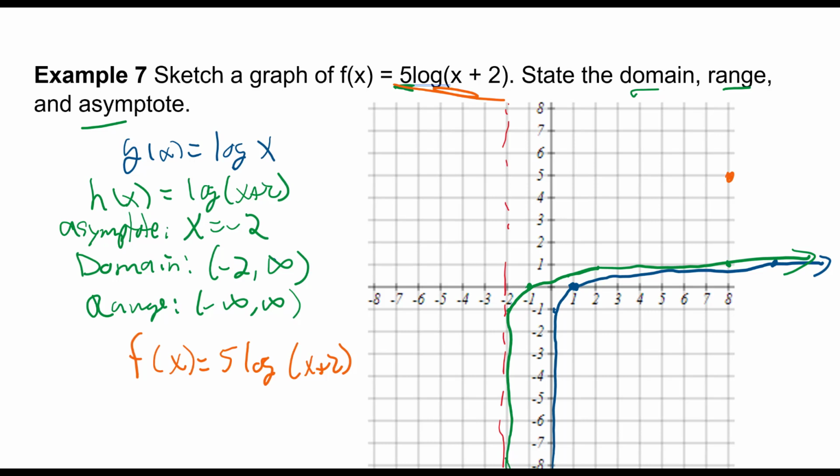And 5 times negative 1 is negative 5. It's going to come up like this, cross through here. That would be our graph of y equals 5 times the common log of x plus 2.